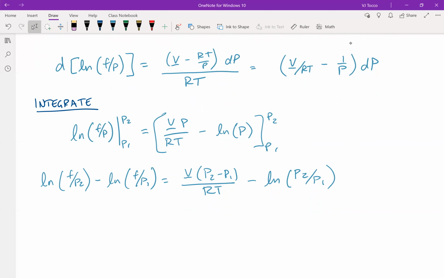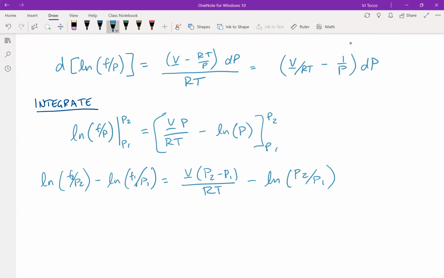Now I know what P1 is. I forgot my subscripts here. The fugacity is in general going to be different at the different temperatures, so I have to keep my subscripts there. So it's fugacity 1 over P1 and fugacity 2 over P2.